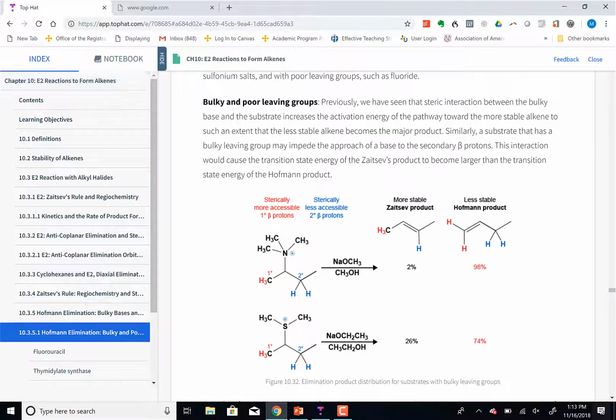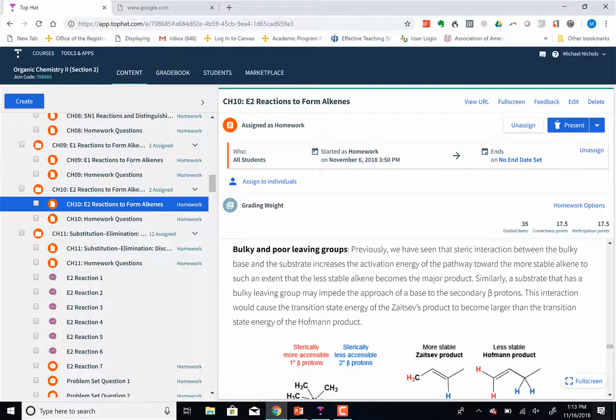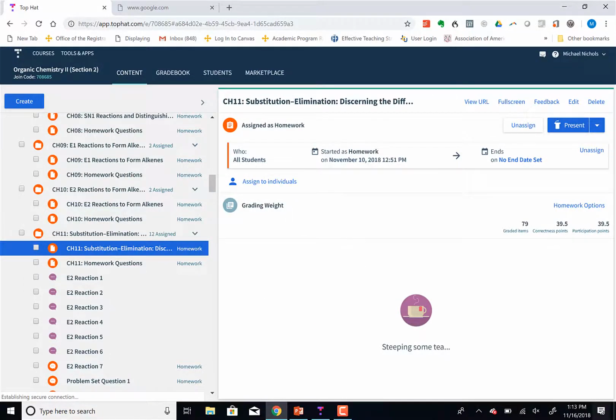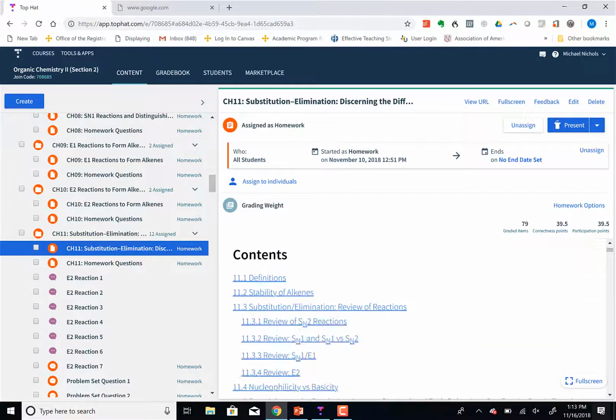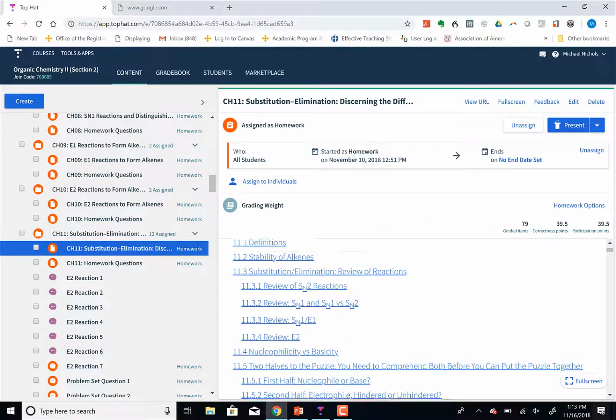Sure. What do you want to know about E1, SN1 versus E1? I guess like, kind of categorizing base strength and bulky versus non-bulky, because they threw in some decently complicated model.